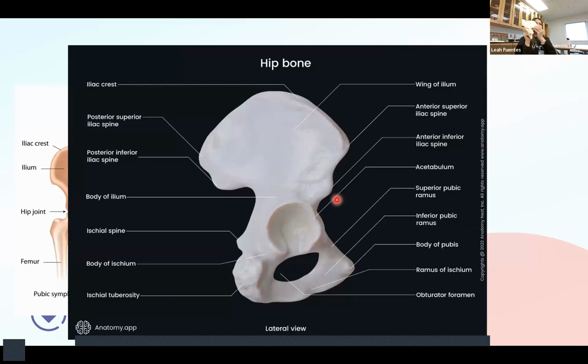And that's why it's really rugged and rigid, because it is an attachment point for the sacrum. Do I have one in here? Yeah. Like this. Something like that. There we go. So again, acetabulum will probably be asked on the exam.